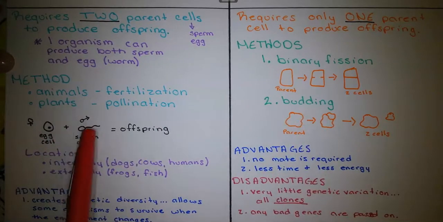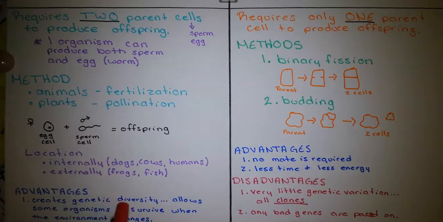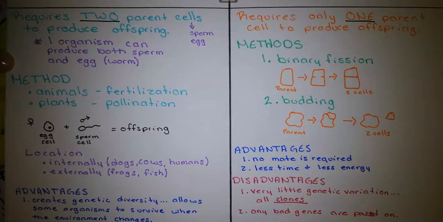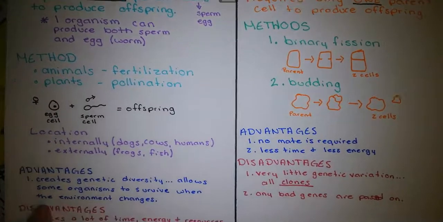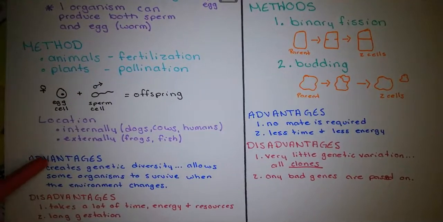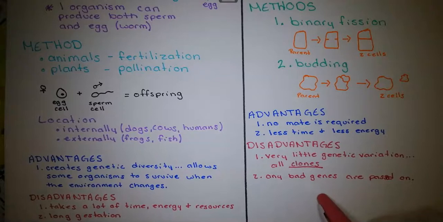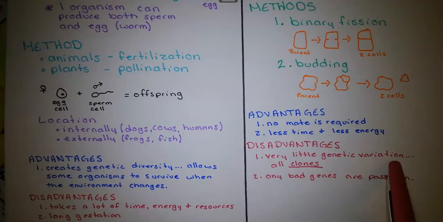Okay, here it's producing diversity, it's producing different types of organisms. Here they're all the same basically. Okay, and even though sexual reproduction takes more time, energy, and resources, and has a very long gestation time, in asexual reproduction, they're not genetically varied, right? They're clones, and bad genes are getting passed on.